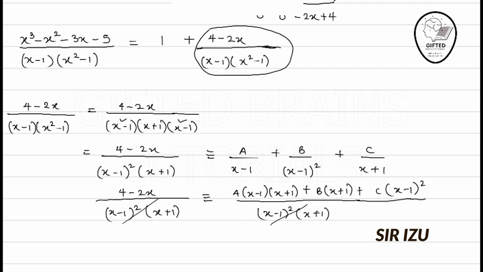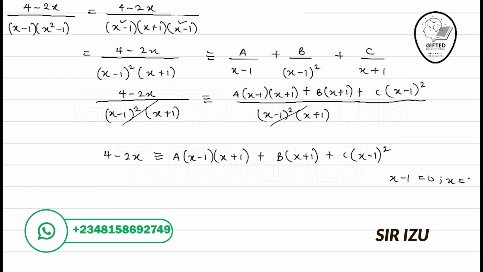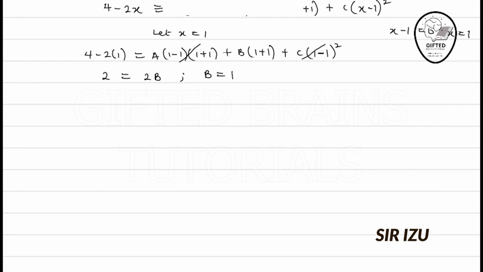Afterward, we will take any linear factor we can see and equate to 0. So we have x minus 1 as the linear factor we can see, we equate to 0. We have that x is equal to 1. So we say let x be equal to 1. If we do that, we have our b to be 1 now. So another linear factor we can see there is x plus 1.